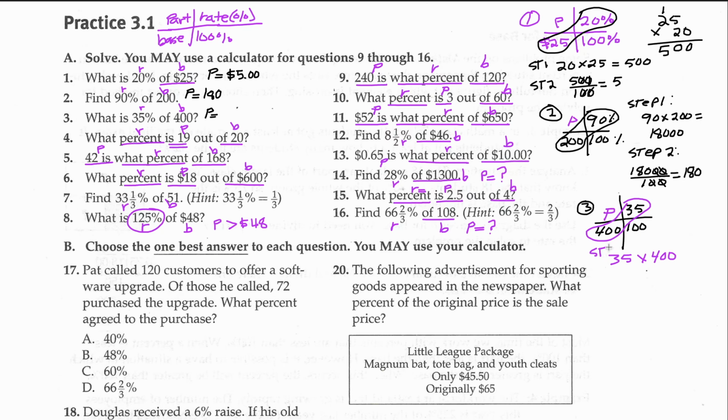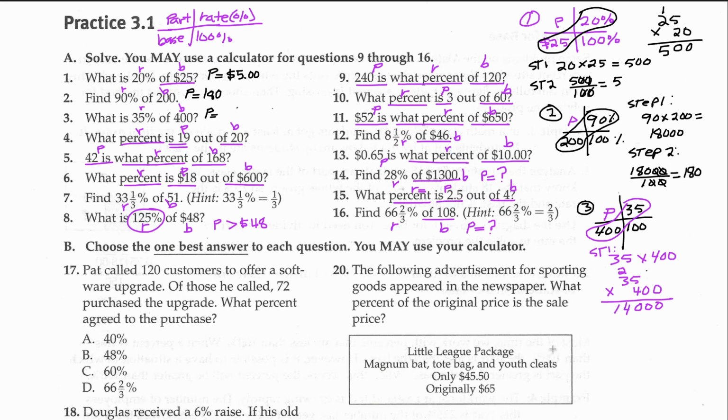For step 1, I will put 35 here and multiply 400. Notice I take out the 2 zeros. So I have 0, 0. 4 times 5 is 20. Write only 0. Carry the 2. 4 times 3 is 12. And that's going to be 14.